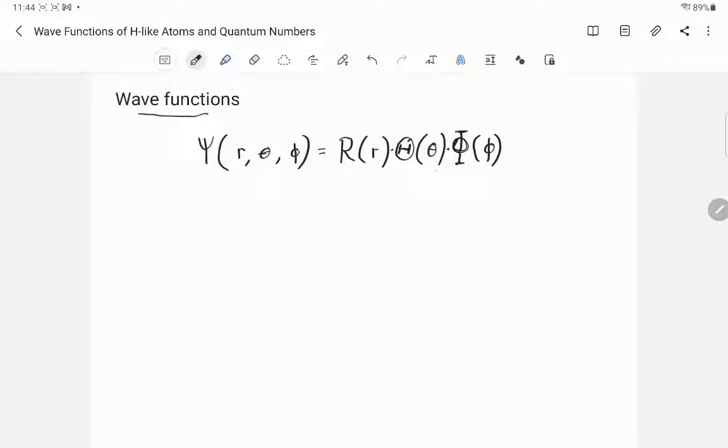When you do this, what you end up with is quantum numbers. I alluded in the previous video to the fact that you get three different quantum numbers: n, L, and a third called m sub L.